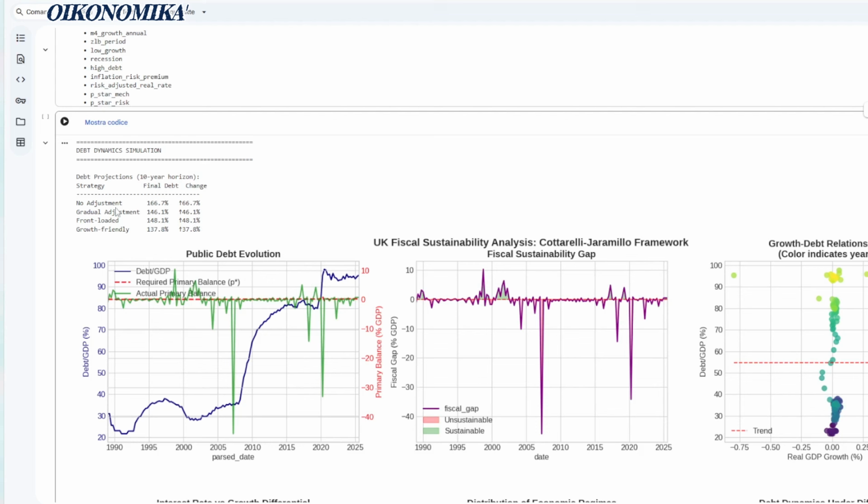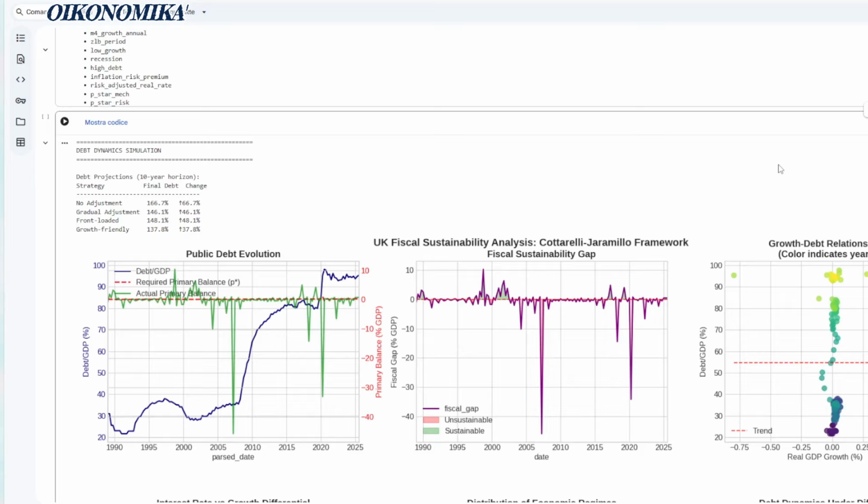Okay, so you see here, instead, if you have front-loaded stimulus, like what has been done now, they are projecting to spend a lot, 7.4 and 5% in 2026, 2027, as a sort of fiscal stimulus.